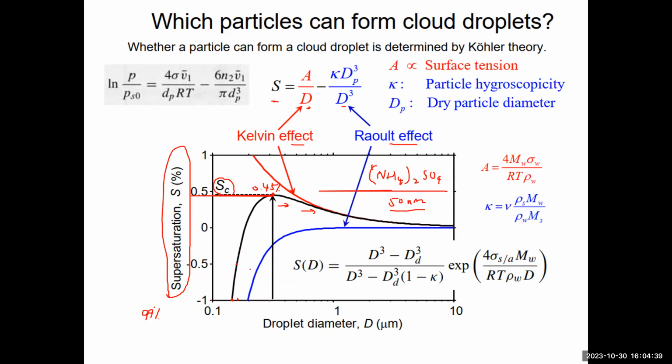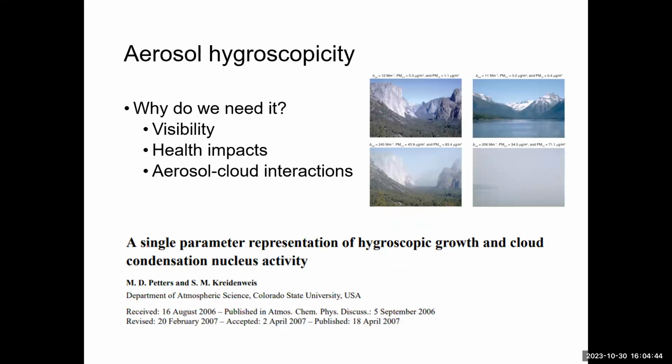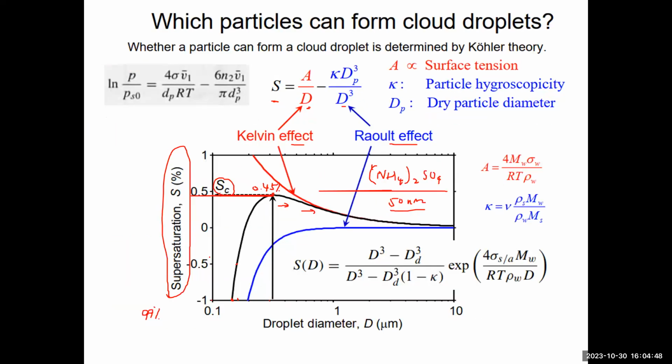But actually for this relationship here, if you remember this paper here, it has a derivation or a more mathematical understanding of this process. And this equation is decided by this equation here, where the S is the saturation ratio. It's actually not the supersaturation. S is the saturation ratio.